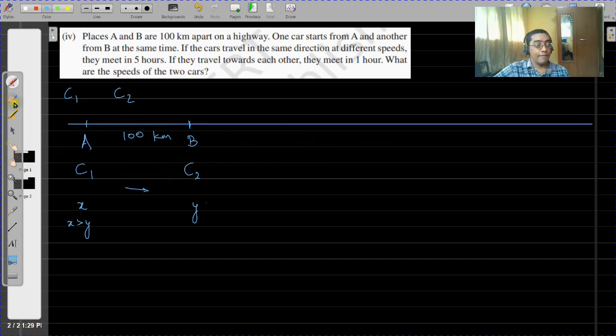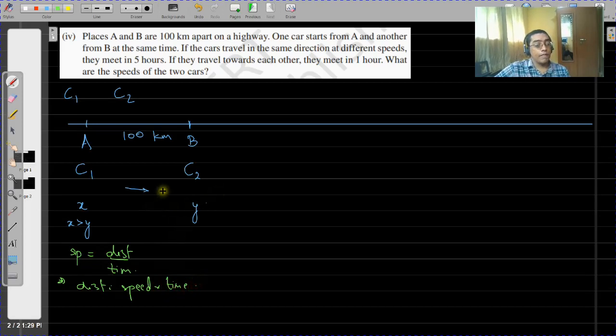Now we have formulas from physics. Speed equals distance by time. So we get from this distance equals speed into time. Yes.